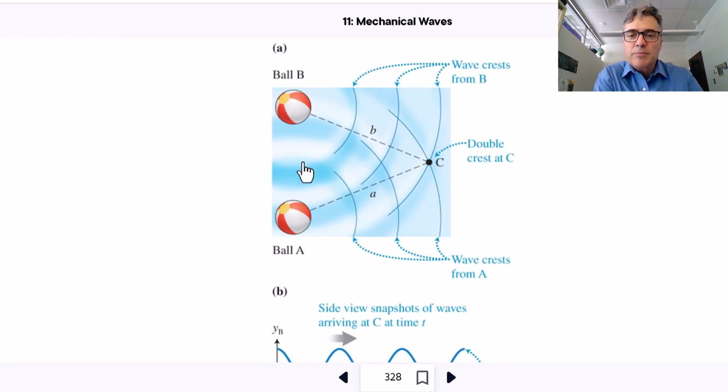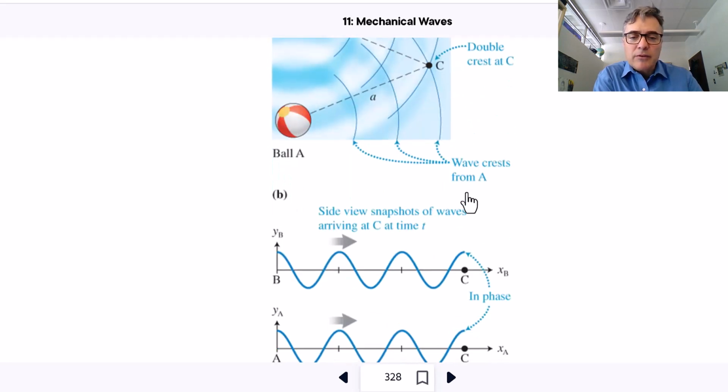You have these beach balls bouncing, ball A and ball B at two locations, and then over at point C, you're looking at it's at a distance B from B and A from A. These are two different distances, and you want to look at what is the y net, what's the displacement over there.